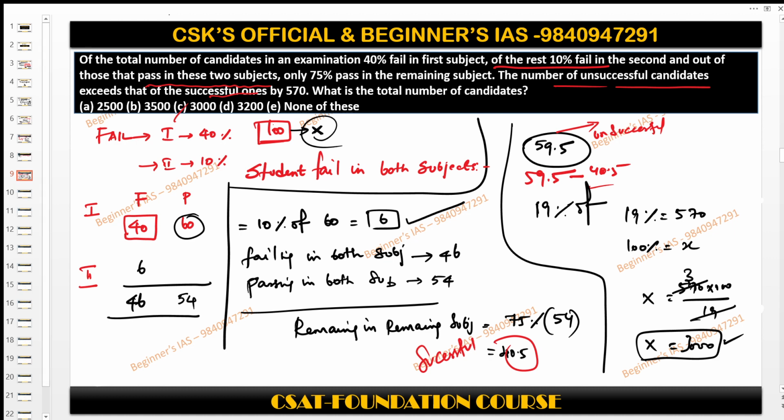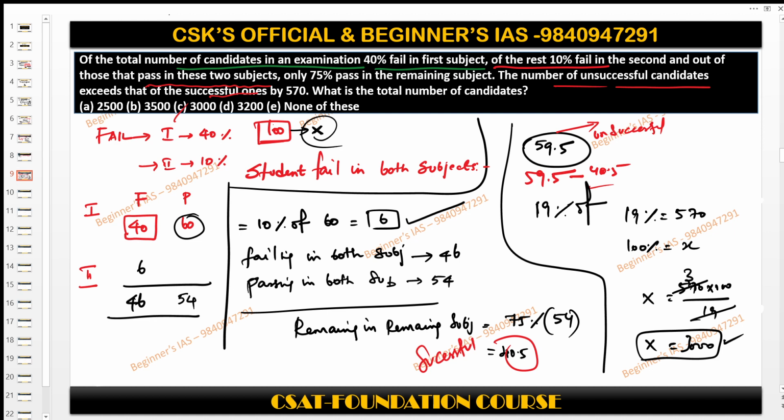Sir, can you please explain that 46 and 54 once again, sir? Okay. Listen very carefully. Those who couldn't understand, please listen carefully. Out of the total number of candidates in the examination hall, 40 percent fail in the first subject.